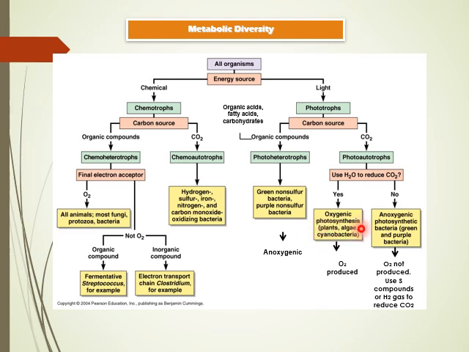Organisms that go through oxygenic photosynthesis are plants, algae, and cyanobacteria. During this process, oxygen is produced. If they don't use water, it is called anoxygenic photosynthesis, done by green and purple bacteria. During this process, oxygen is not produced; they use sulfur compounds or hydrogen gas to reduce the carbon dioxide.